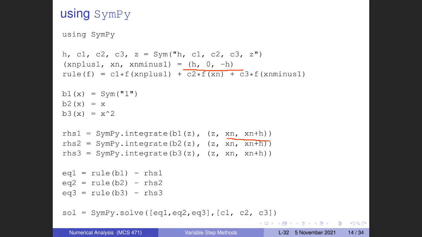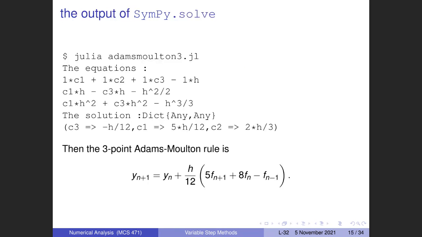All right, so let's look at the solutions. Here we run the simple Julia program, and that gives us the explicit values for the three coefficients. So we have a 3-point Adams-Moulton rule where we do the weighted combinations of the function values, knowing that this is implicit. What is so implicit about this?